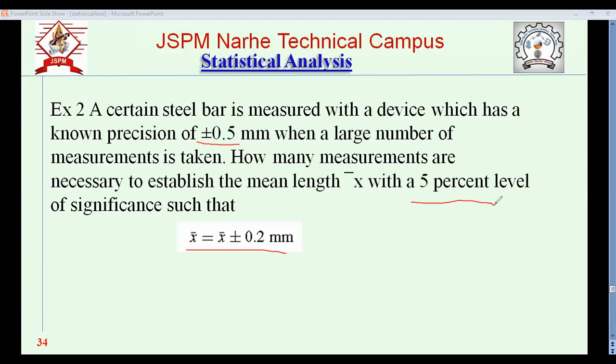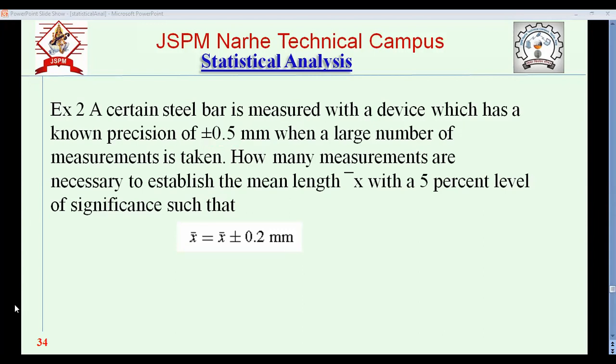What does 5% level of significance mean? We want 5% chance that the reading will not lie in that range. So again here the value of Z will be plus minus 1.96. We'll just see the formula for how to solve this.